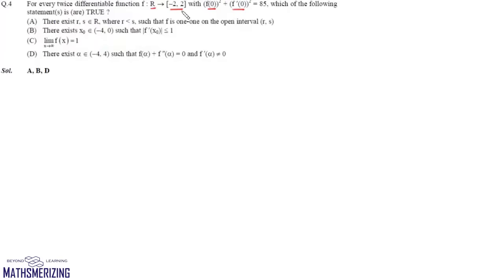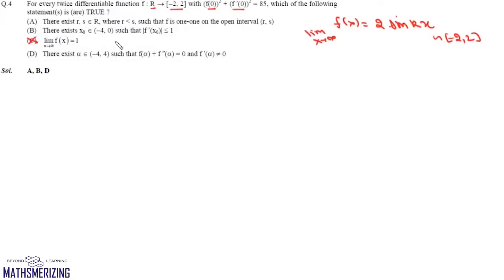Since this function is bounded between minus 2 and plus 2, we can choose this function f(x) to be some sine function, say 2 sin(kx), and we can adjust this k so that f(0) square plus f dash 0 square is equal to 85. Now if we take the limit on this function, then this limit will be an oscillating value between minus 2 and plus 2. So for all the functions, this limit won't be 0. That means option C is incorrect.